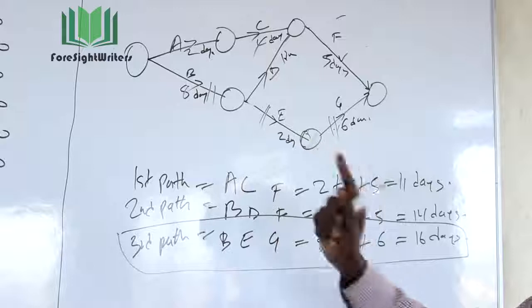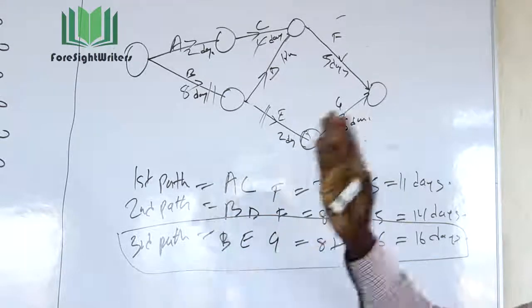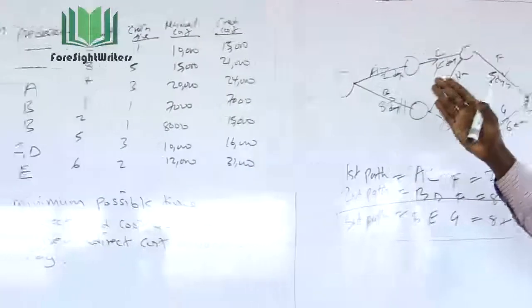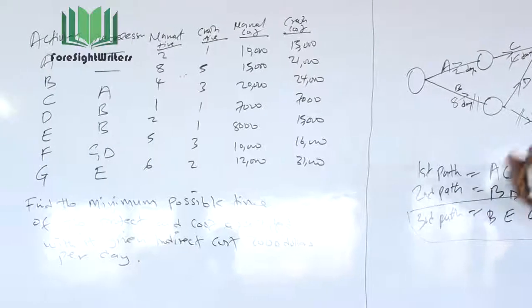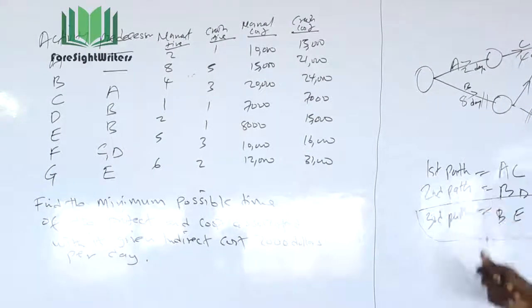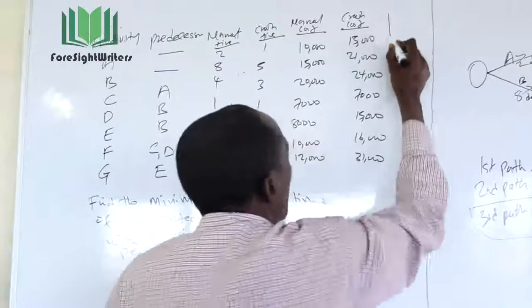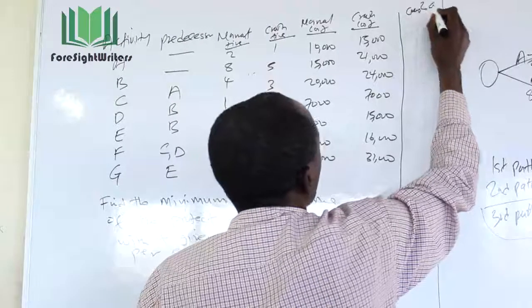And remember, the objective here is to crash at the minimum cost possible. Therefore, when examining the critical activities, we shall identify the one which will make us incur the least cost to crash. So we need to develop a column here which indicates the crash cost per unit.